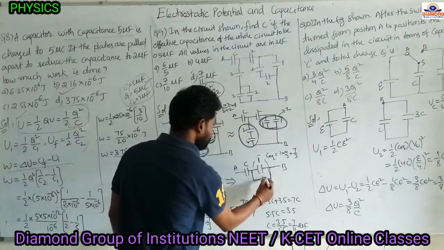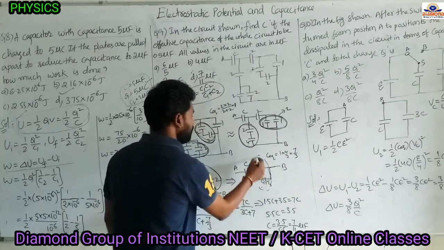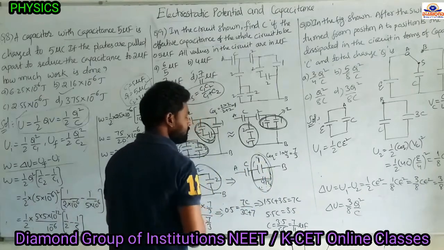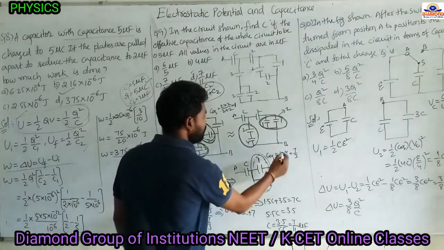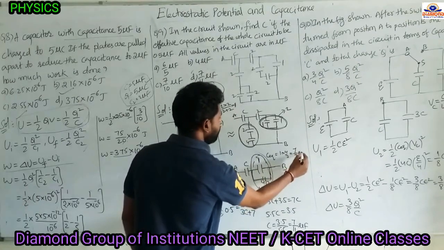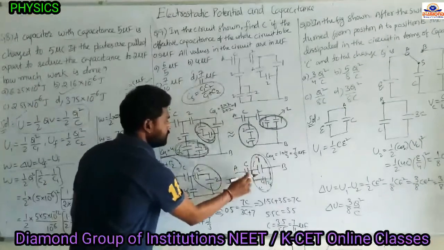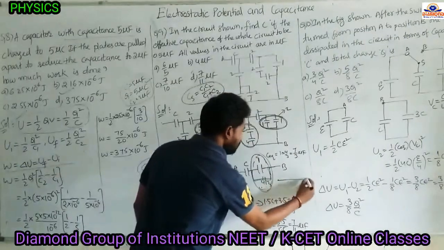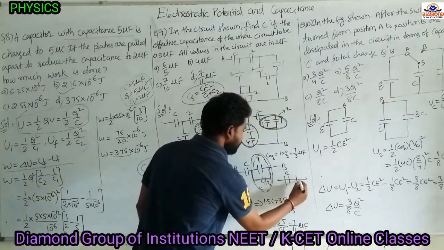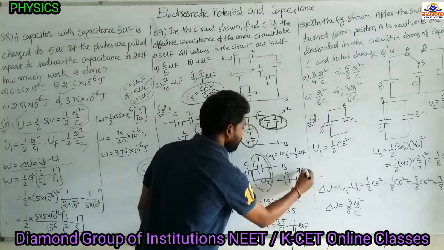This is the 4 by 3. These two are in parallel. So the equivalent capacitance of these two is nothing but 1 plus 4 by 3. 1 plus 4 by 3 is nothing but 7 by 3 microfarads. Now this value we got. Finally we will get here C, and here we will get 7 by 3 microfarads.